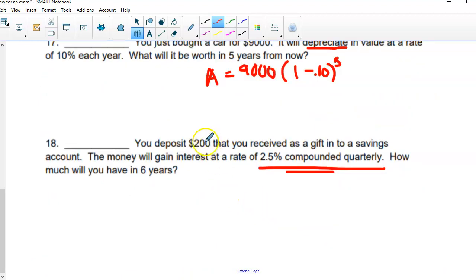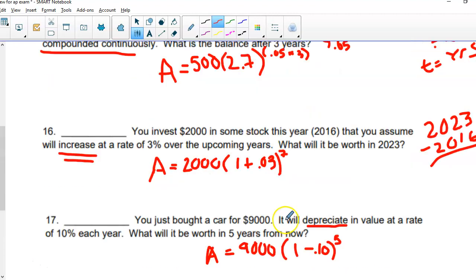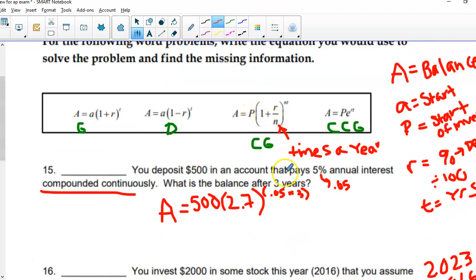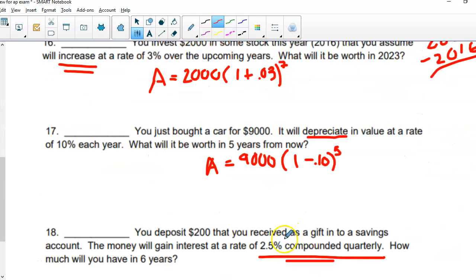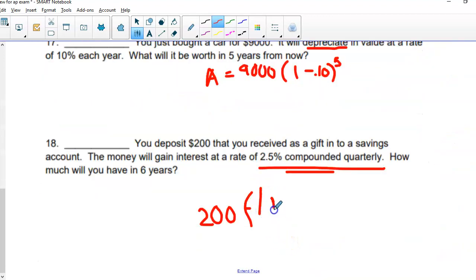Our initial investment is P, that's $200, times 1 plus R over N. Now my rate, here's the thing I've noticed some kids, they'll say, oh, it's already in decimal form because they see a decimal, but it's not because it's got that percentage on it. It's 2.5%. So we need to divide by 100 to get that R, and that's going to give me 0.025.